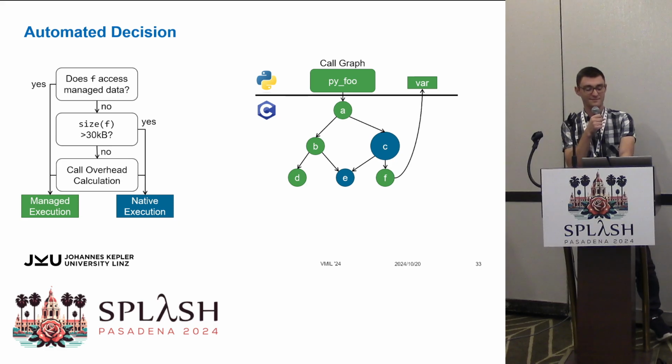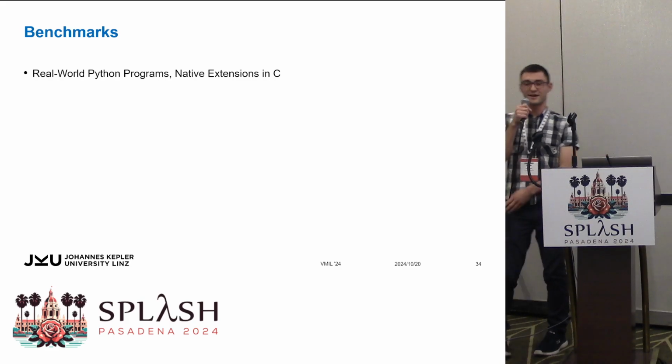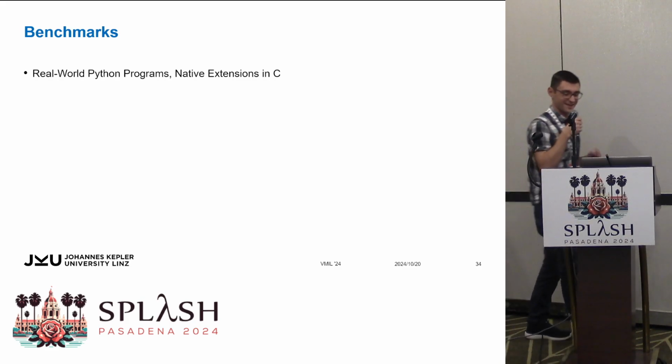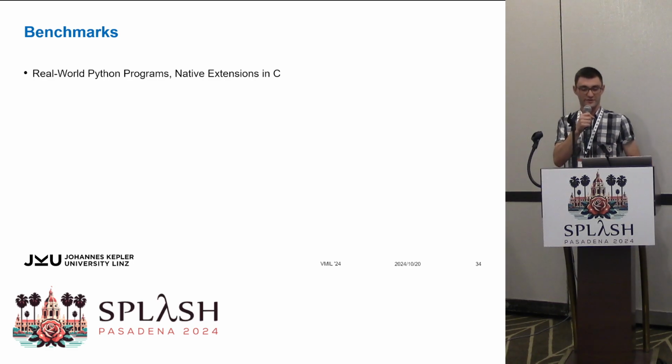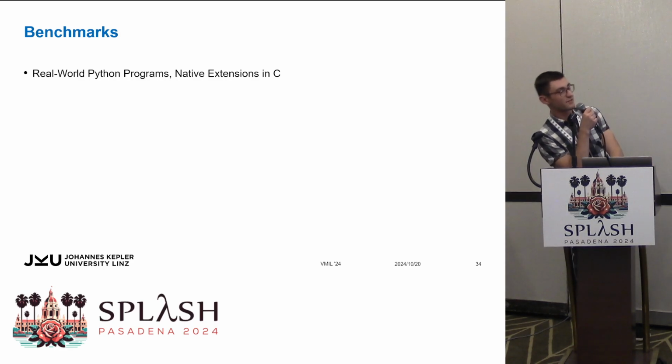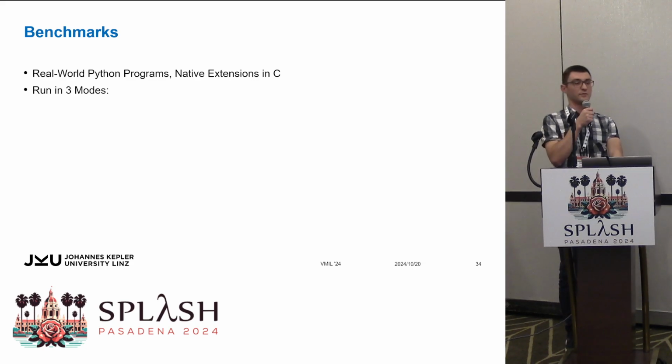So with our final result, let's take a look at some benchmarks. Of course, we didn't try just the available Python benchmark suite, because our work has been done for C and for native extensions. So we ran Python programs with native extensions, and we always tried them in 3 different modes.